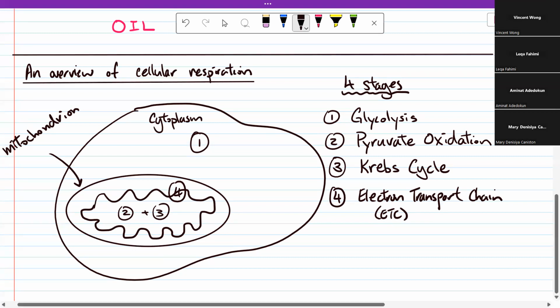So step 4, which takes place in the cristae, according to the notes, it's the inner membrane. That's right. The inner membrane folds up to increase surface area. So is it on the increased surface area or where?